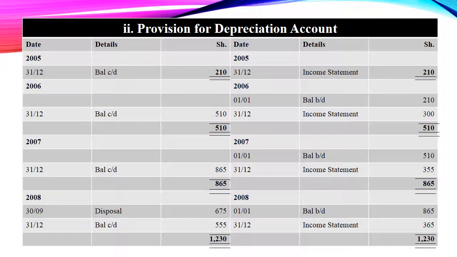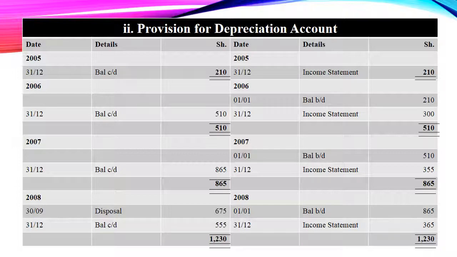Now, having calculated the depreciation, we can now look at the provision for depreciation account. So like we said earlier, provision for depreciation reduces the asset value. As you know, depreciation is an expense to a company, and in the income statement or the statement of comprehensive income, expenses are debited.